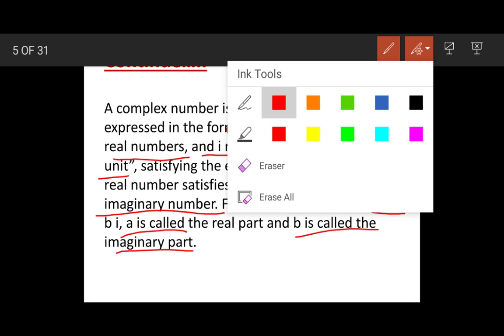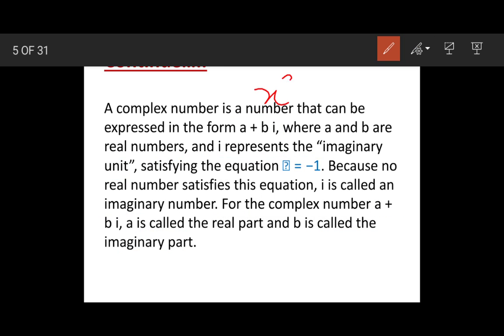Now as I told you, x square is equal to -1 is not a possible term. When we square any number we get a positive term, but here x square is equal to -1, so that means x is equal to root of -1, and this is not a real value. So what we are going to do is substitute this as i.